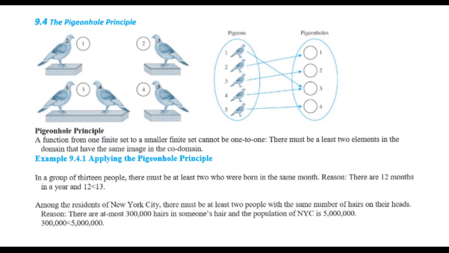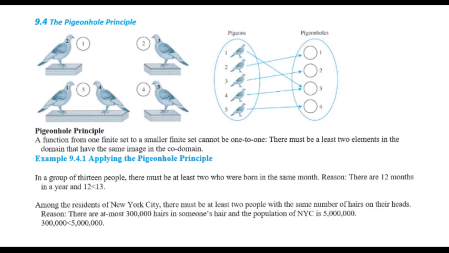In order to apply the pigeonhole principle, we can consider these two examples. In a group of 13 people, there must be at least 2 persons who were born in the same month. Why? Because we have only 12 months in a year, and 12 is less than 13.